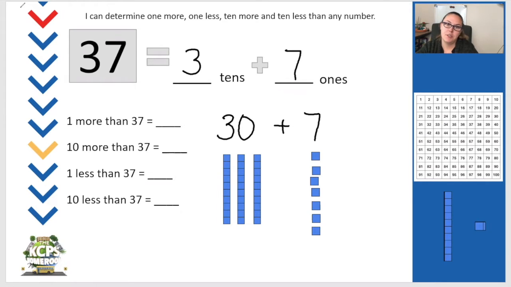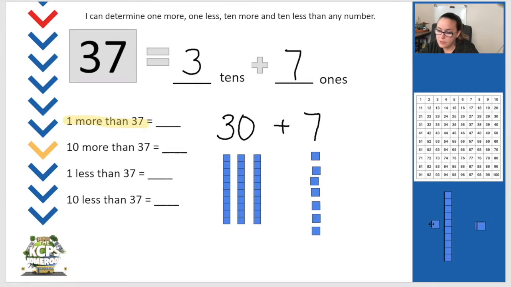Now what we have to do is calculate 1 more, 1 less, 10 more, and 10 less. So we're going to take that one step at a time. On the left side of your screen here, you're going to see that I'm starting with 1 more than 37. Using our base 10 blocks, how can you model 1 more than 37? What would you add? A rod or a unit square?